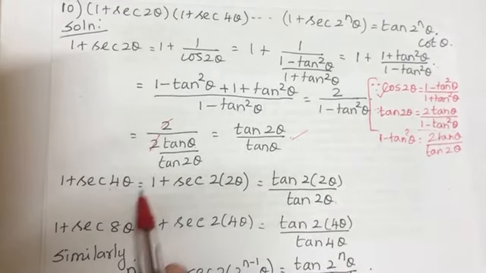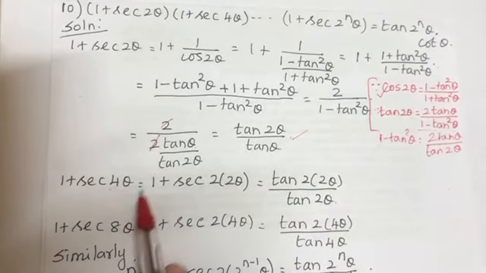Similarly, for 1 plus secant 8 theta, I get 1 plus secant 2 into 4 theta. So, tan 2 into 4 theta divided by tan 4 theta. Here I write this 4 as 2 square. Here also 2 square.